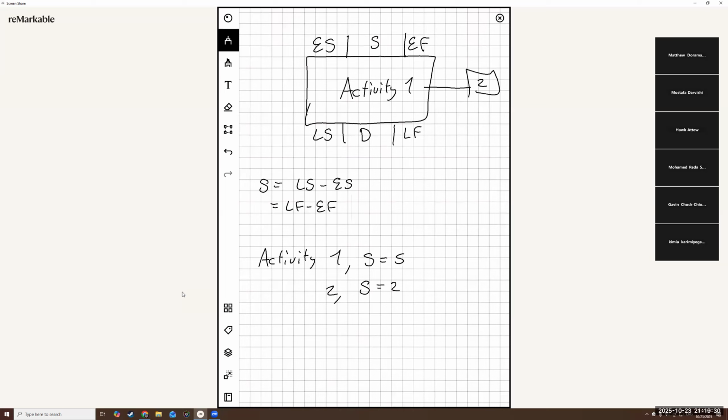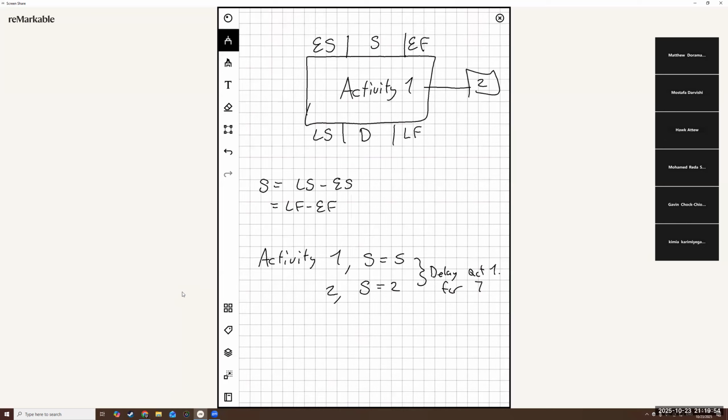If activity 1 is really causing me problems, then I can delay activity 1 for 7 days, for instance, and then start activity 2 right away. But then I have to start activity 2. I can't delay it anymore.